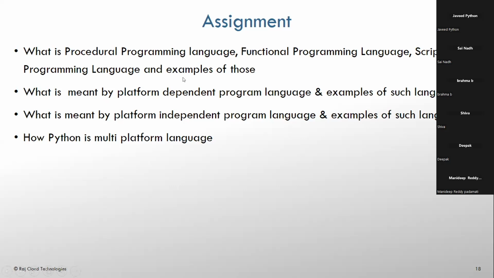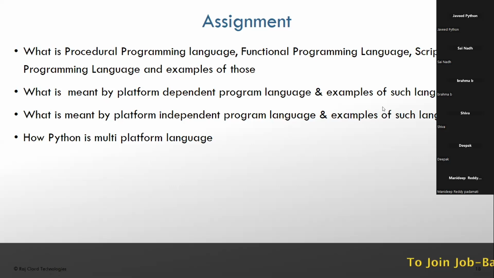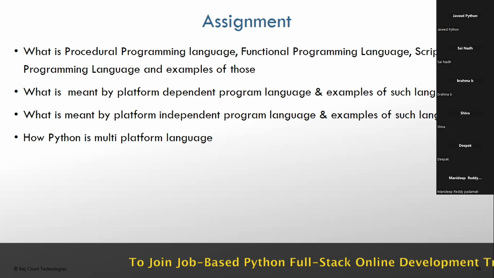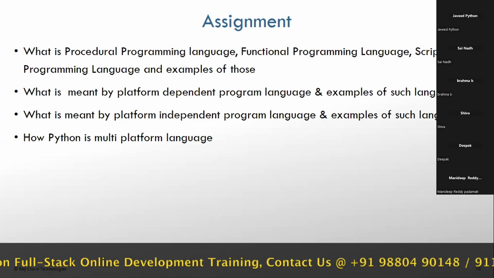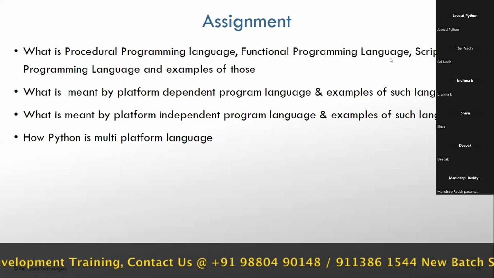So what is a procedural language? A set of procedures in a hierarchical programming language. Functional means you write a set of functions to develop any application. Scripting is more customizable to any existing system in a scripting manner. PHP and Python are examples of scripting languages.